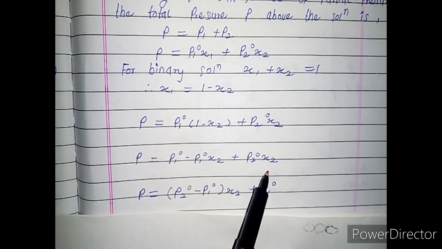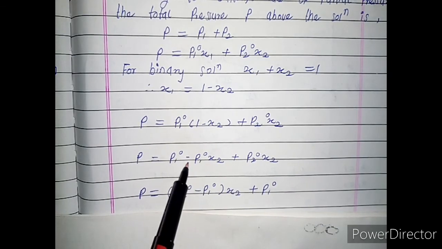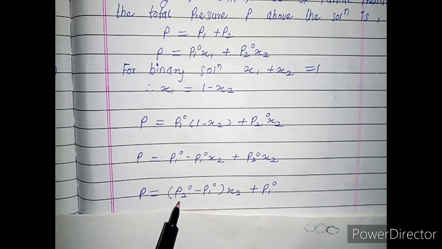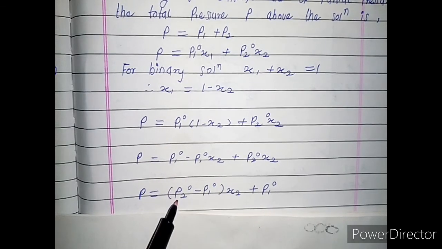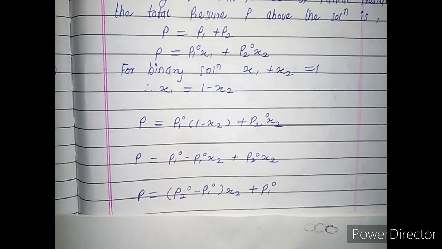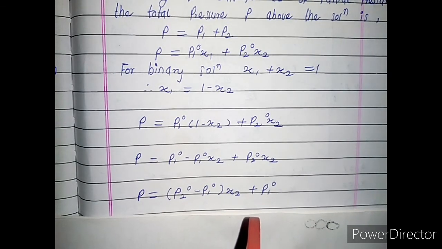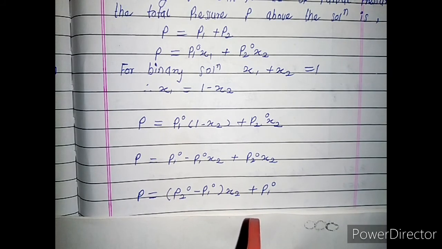Taking X2 common from these terms, the remaining is p1° minus p1° plus p2°. So what we have represented is p2° minus p1° times X2, and p1° as it is. So this is the mathematical expression for Raoult's law.